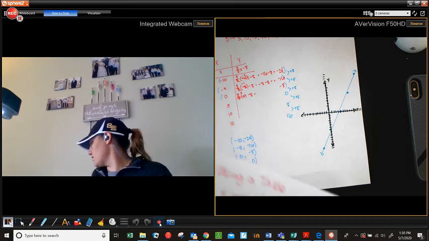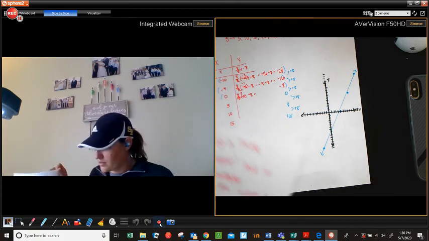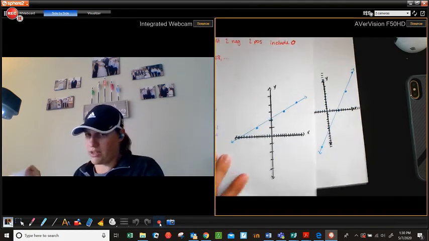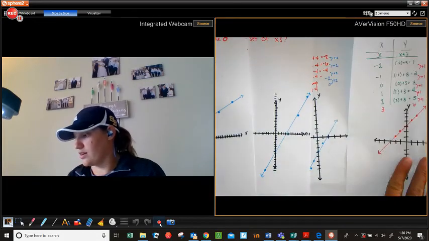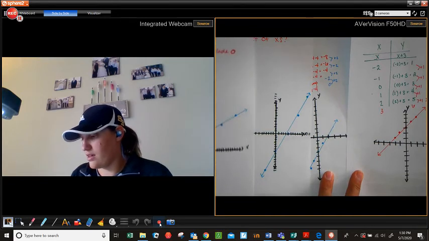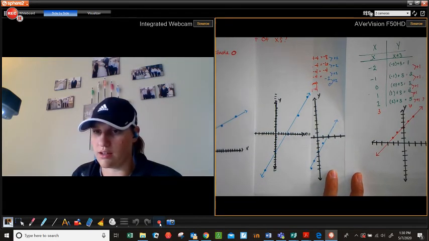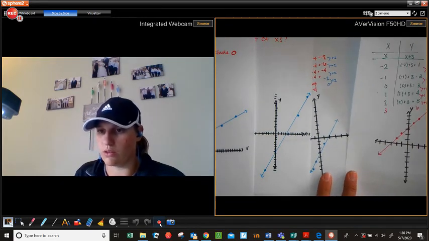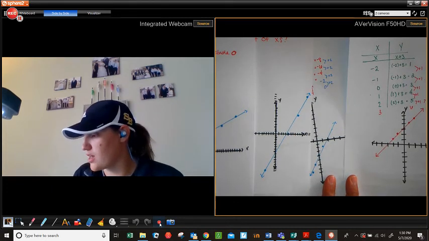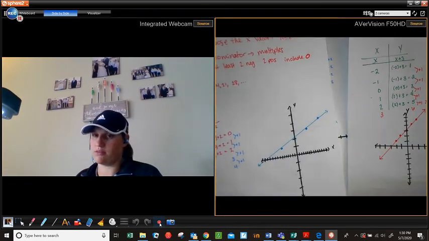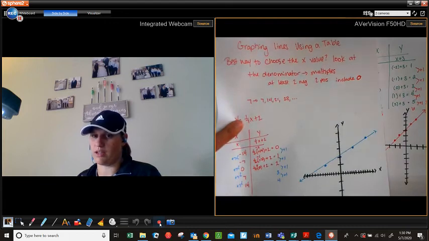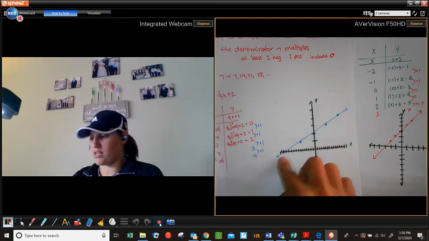Alright, let's compare a little. Those are the two graphs with fractions, and those two graphs are with whole numbers or integers. Now, this isn't the best comparison because they're on homemade graphs, but if you have a fraction coefficient, like we did here, your line's going to be flatter.